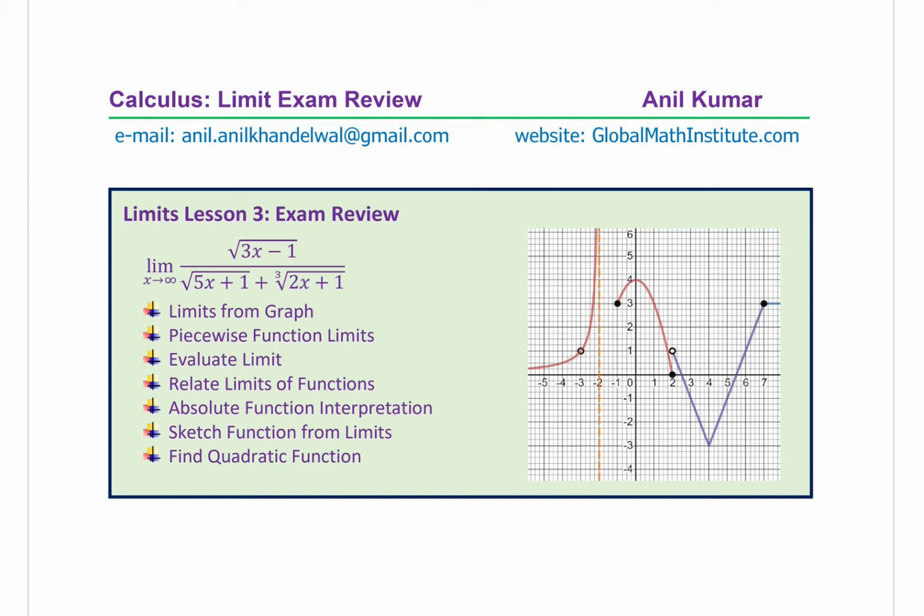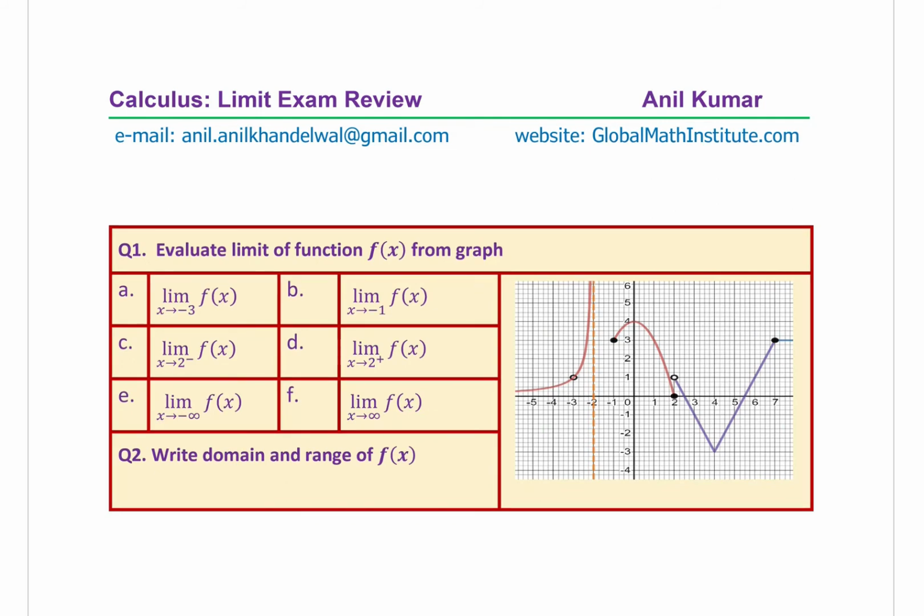So in question number 1, we are given a graph and we need to evaluate the limit of the function f of x from the graph. So the first one here is limit of f of x as x approaches minus 3. So when you're looking at minus 3, which is this particular point, you do notice a hole. However, even if there is a hole, the limit exists.